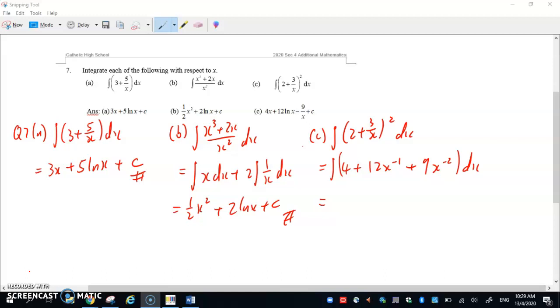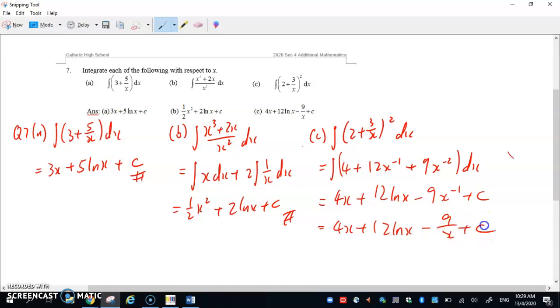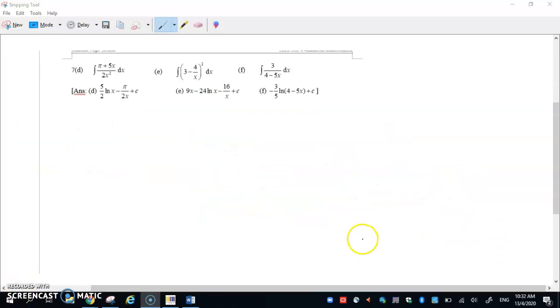So when you integrate them, you simply get 4x plus 12 ln x plus, because x to the power minus 2 plus 1 is minus 1, when you integrate you will get minus 9 x to the power minus 1, plus c. So 4x plus 12 ln x minus 9 over x plus c. So that's your final answer.